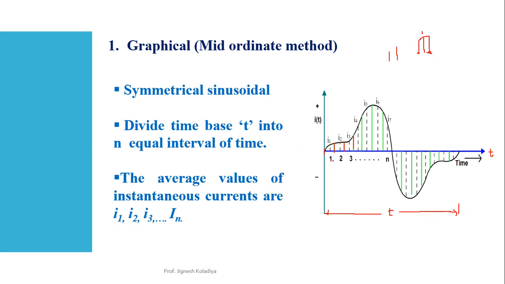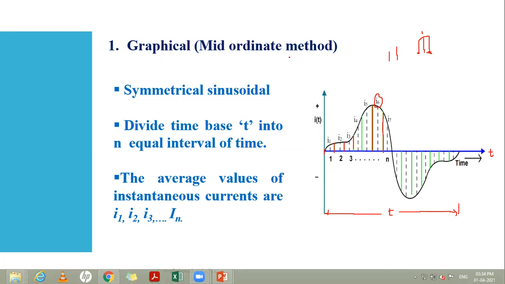For example, you can see the dotted line in between each green line. This is the start of the interval, this is the end of that interval, and in between, this dotted line, that is for I6, is my mean value for that particular interval. So the number of mean values is equal to the number of intervals into which you have divided your waveform.